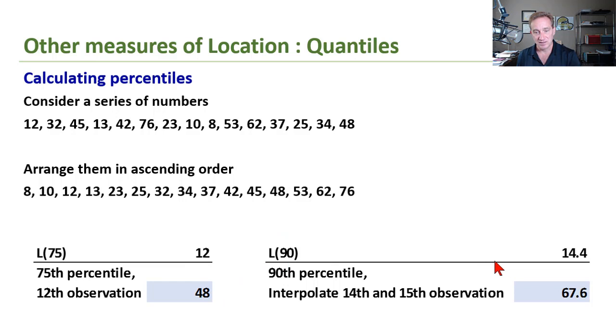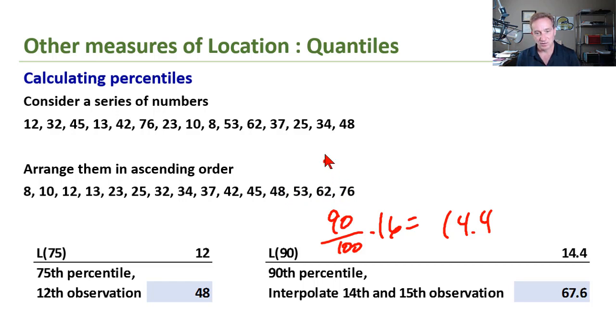For the 90th percentile, it's 90 divided by 100 multiplied by 16, and it looks like we get 14.4. So 1, 2, 3, 4, 5, 6, 7, 8, 9, 10, 11, 12, 13, 14. Well, I could have known that since this was 15.